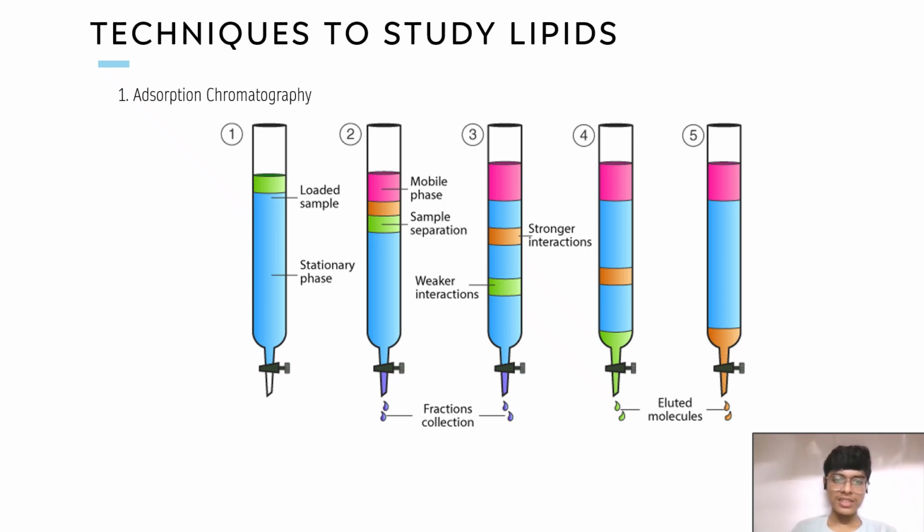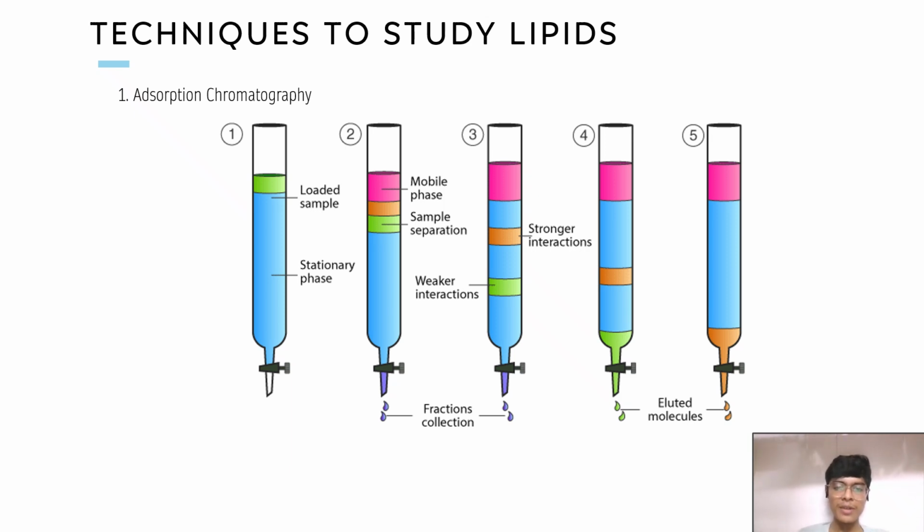Here we can see the weaker and stronger interactions. The weaker one depicts the non-polar lipid molecules, as they can't bind with the polar silica gel, and the other is the stronger interaction, which has the highest polarity.